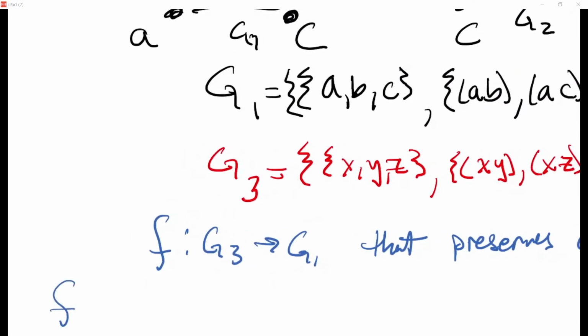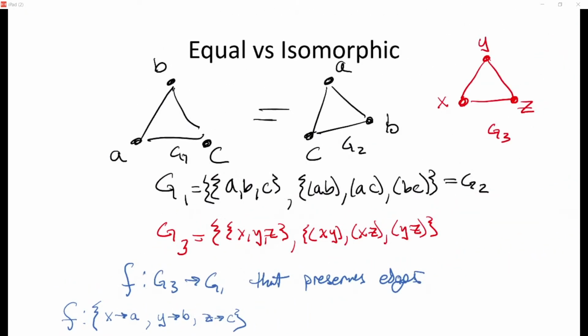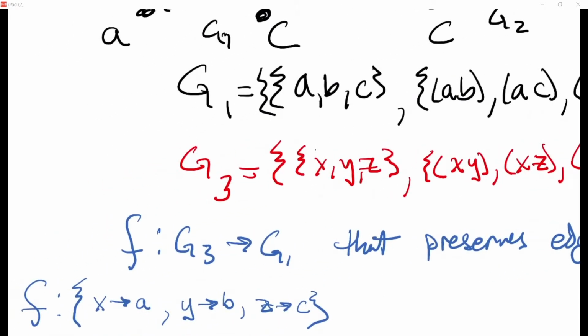So my function is going to be that x gets mapped to A, y gets mapped to B, and z gets mapped to C. So that's the function there. I know that my notation is atrocious, but I wanted to put it on a line. In other words, this is the mapping. There, there, and there.